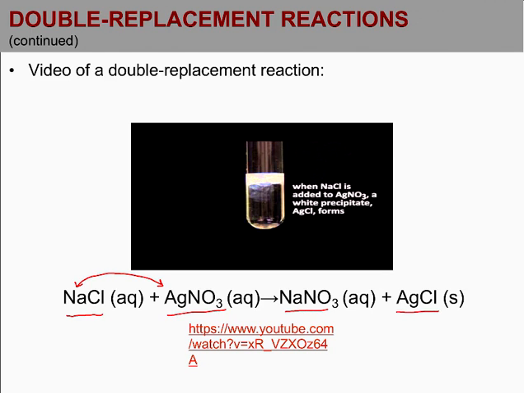Now, silver chloride actually is a solid in solution. And that's partly due to the fact that silver and chlorine have such a strong bond with each other that they end up precipitating out of solution. So we would actually call this product a precipitate.